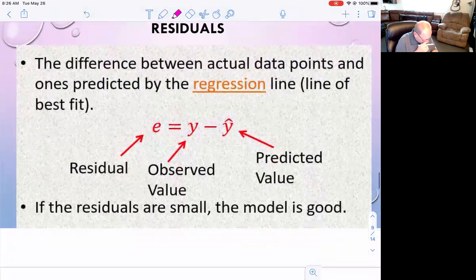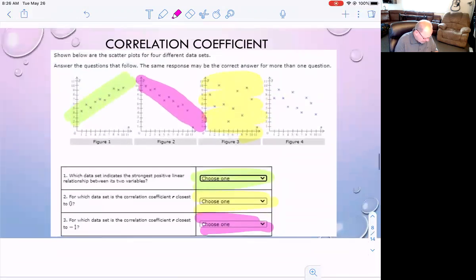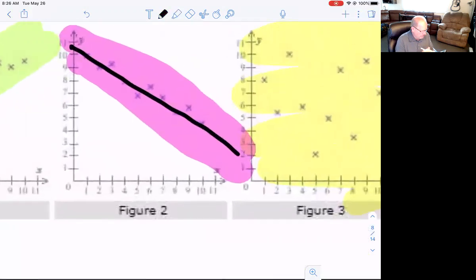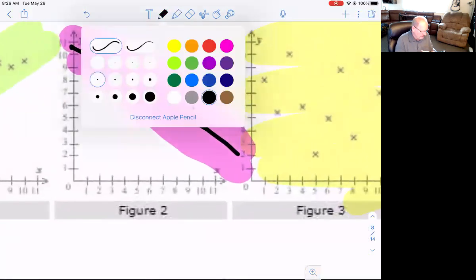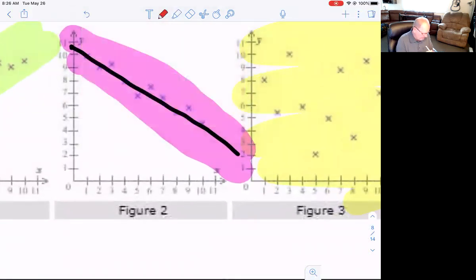So now we're going to talk about the residuals. Okay? Residuals are the distance that we measure between the line of best fit and the points. So notice there's a little distance there between each point and the line.